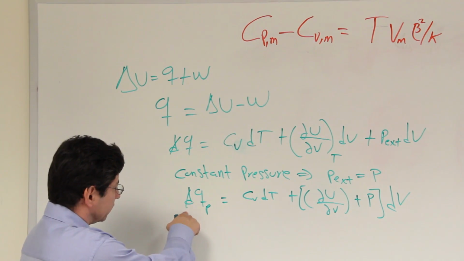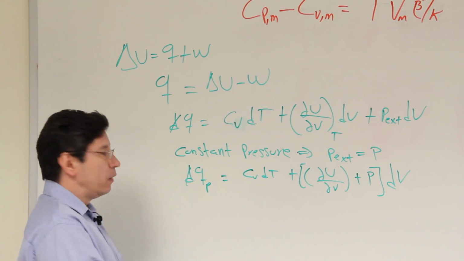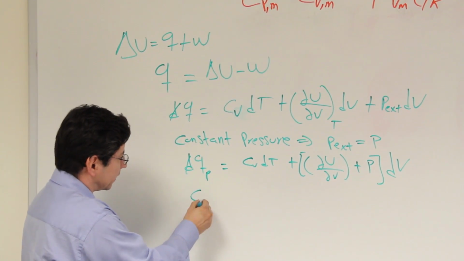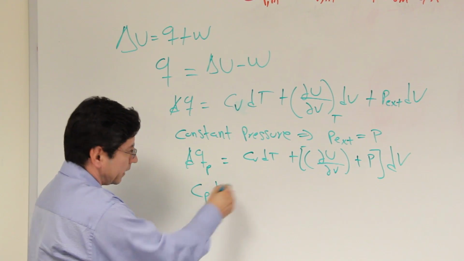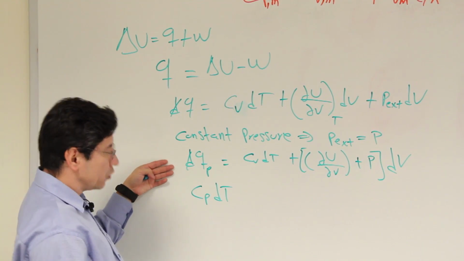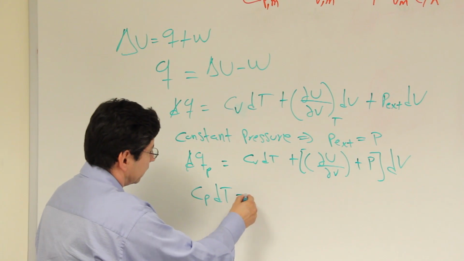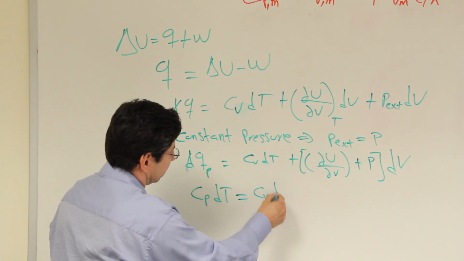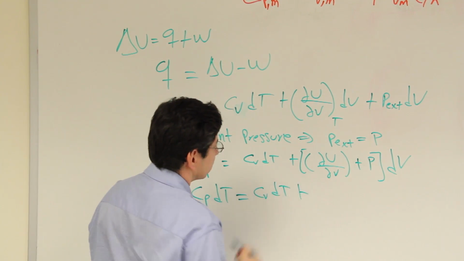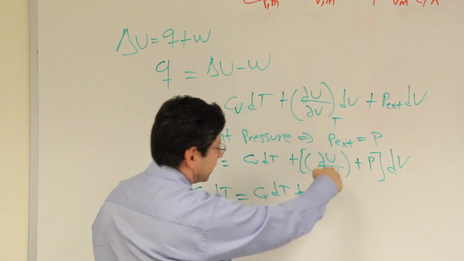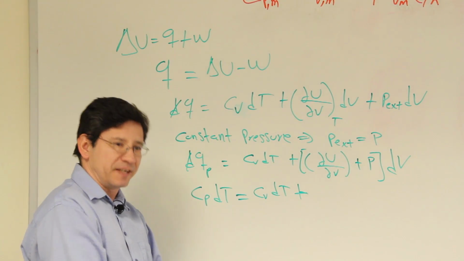dq_P, we learned in class, can be calculated as Cp dT. So again, we're using previous knowledge. dq_P equals Cp dT, so this is going to be equal to Cv dT plus this term here, dU/dV.